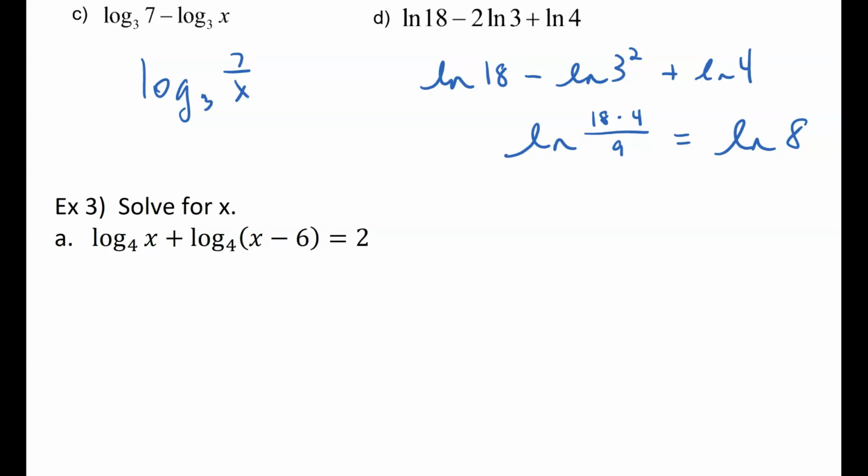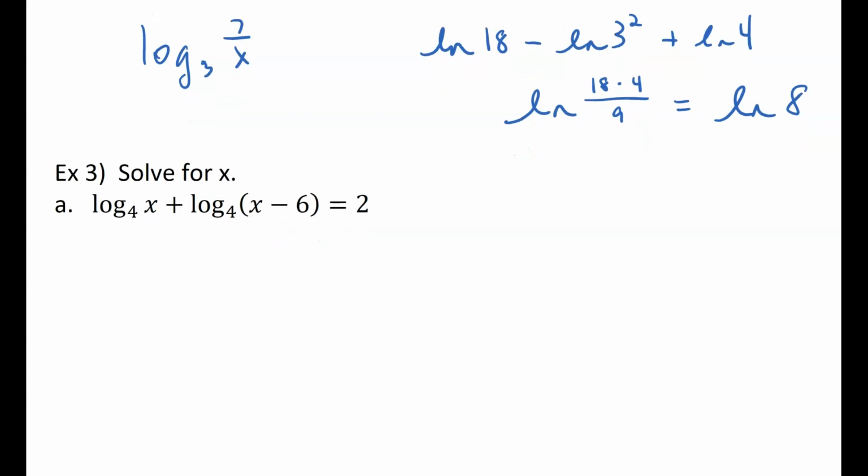So in our first one, we've got bases of 4 on both logs, so that means I can condense this into log base 4 of x times x minus 6, and that's equal to 2. Okay. So now that it's a single logarithm, I can put it into exponential form.